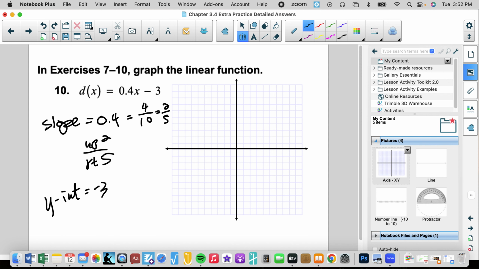So let's plot the y-intercept first. And then we're going to go up 2, right 1, 2, 3, 4, 5. Up 2, right 5 takes us there. And that's 5, good.